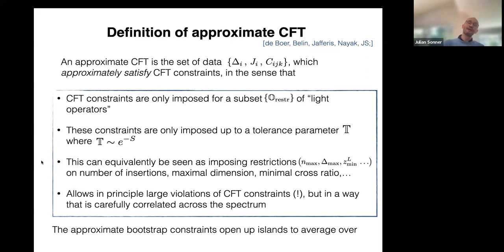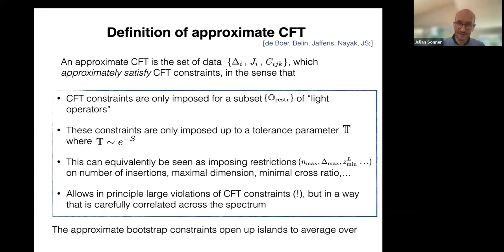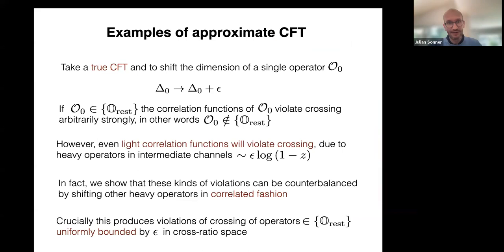Okay. Now, another way of thinking about this is that we're only imposing the bootstrap constraints approximately. And therefore, the expectation would be that instead of ending up on specific theories, once you impose all the constraints, you still leave open some islands, and those islands are precisely this parameter space that you can average over. Now, this sounds abstract.